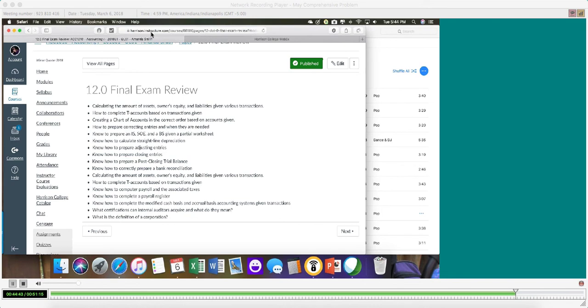There are times where they're going to ask you to calculate. They're going to give you a partial worksheet and they're going to ask you to calculate the net income or ask you to calculate the amount of capital.